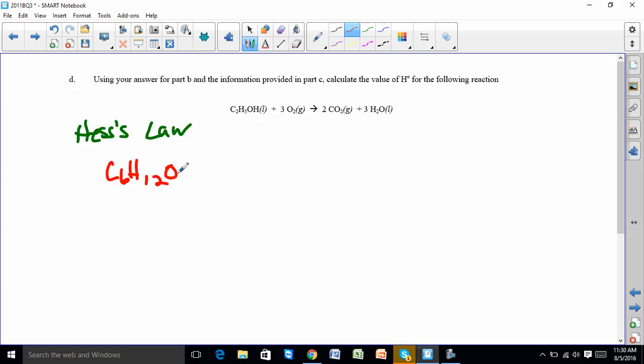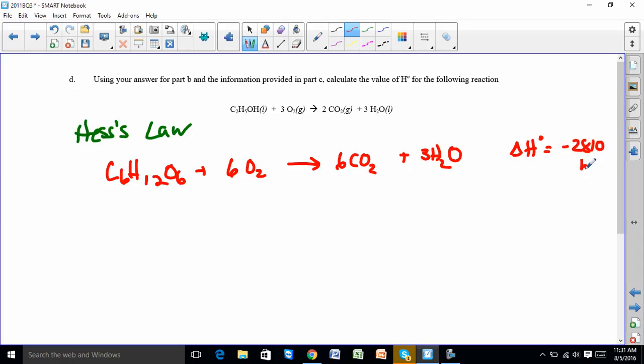This is the equation that was given way at the top, actually even before A. So this was the equation given first in this problem. Delta H reaction is negative 2810 kilojoules per mole. We actually solved that in A.